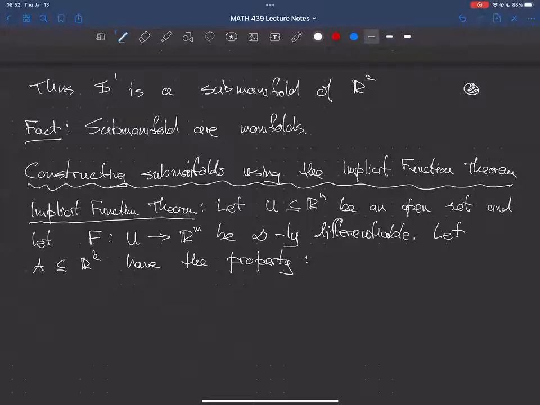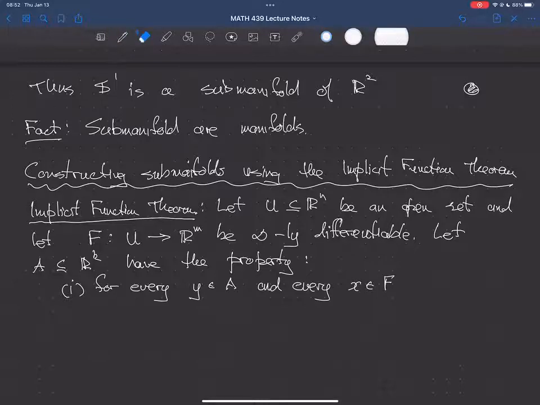It's going to have the property that for every Y in A and every X in the preimage of Y under F. My experience is that preimage sometimes isn't familiar to you, so let me write it down explicitly.